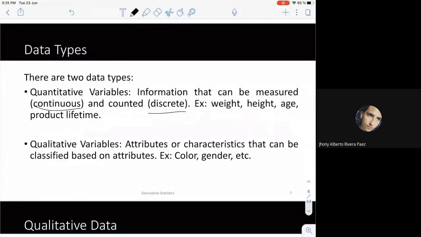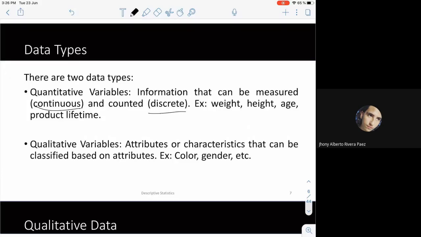But if you're counting, like let's say the number of students that are connected right now in this meeting, that's a discrete variable because it's a counting process. We're using integer numbers to describe the number of students connected in the session. So far there are 33 students here. As Lina just said, discrete variables are countable, yes.